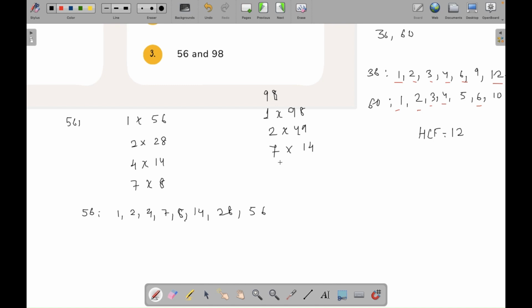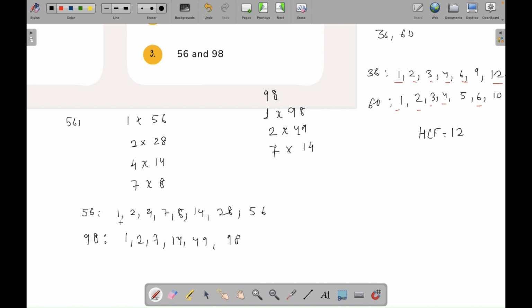So you'll directly come to 14 again. So 14 times 7 you'll get, right? So if you have to write the factors of 98, it will be 1, 2, 7, 14, 49, 98.